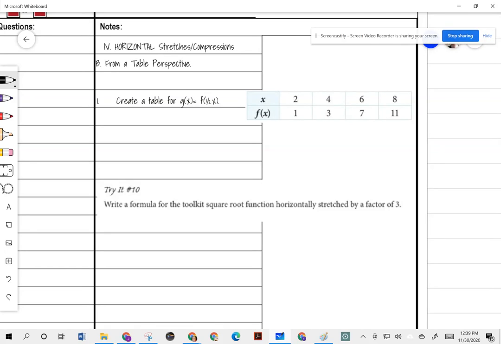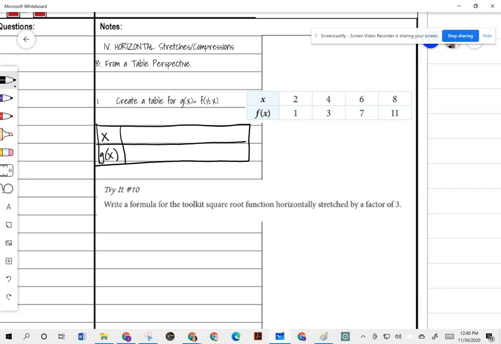Okay, so we're going to talk about horizontal stretches and compressions from a table perspective. Here you are given a table, and we need to create a new table for g of x. Our table is going to have x and g of x, and we need to figure out, given this table, what our new table would look like.